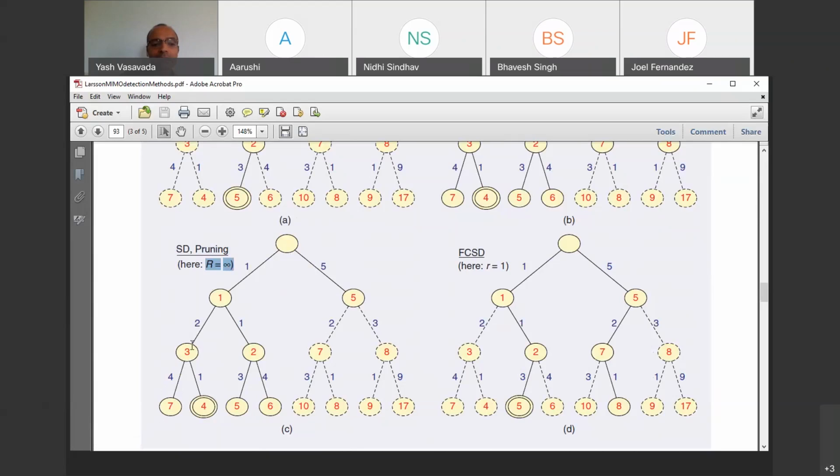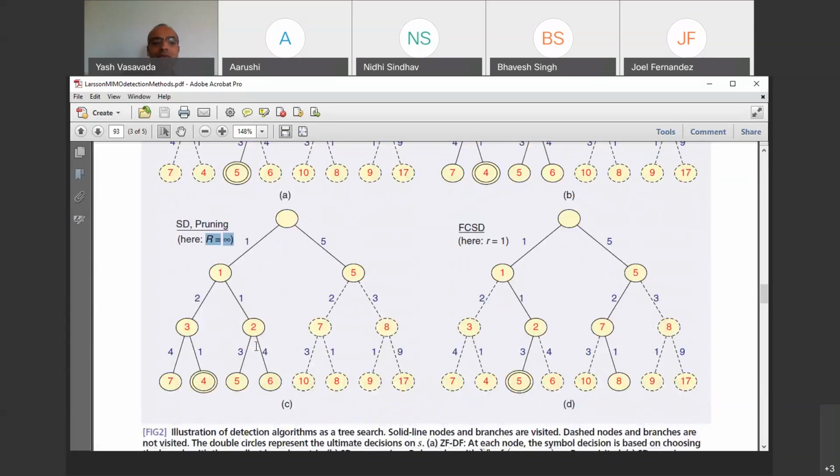Then I will go to the next one, and now R became 4. As soon as R became 4, when I do the next iteration, I'm going to delete this subtree, because 5 is greater than 4. And so I'm able to adaptively change the radius.